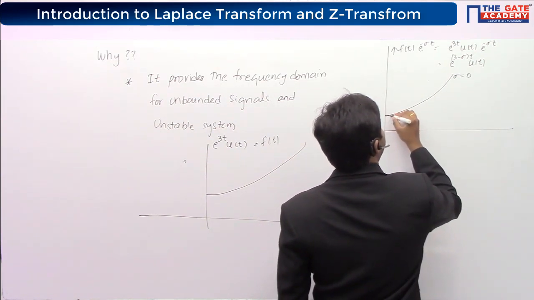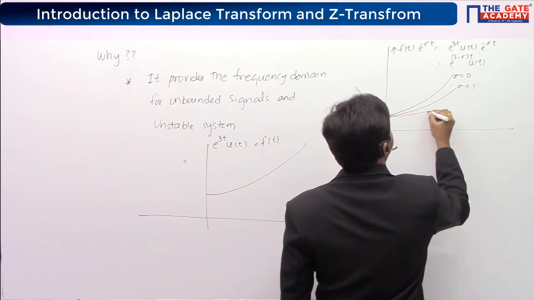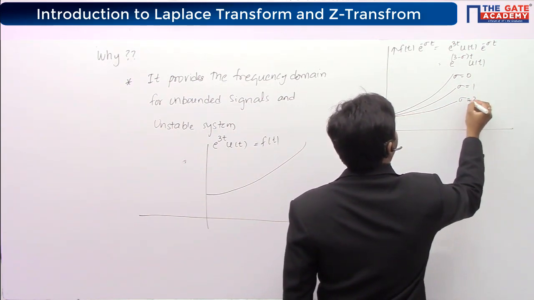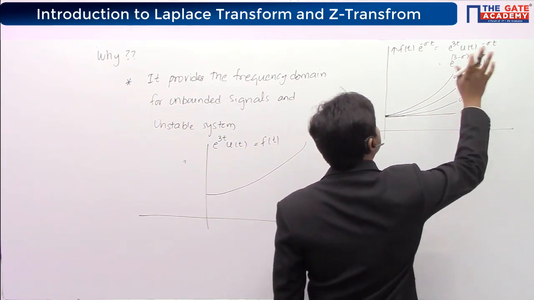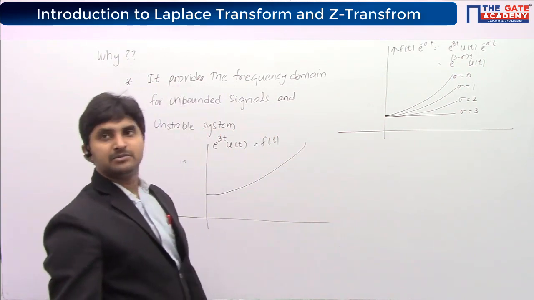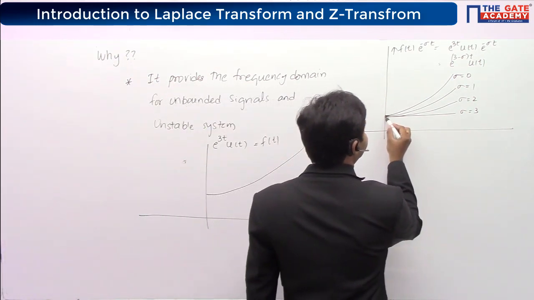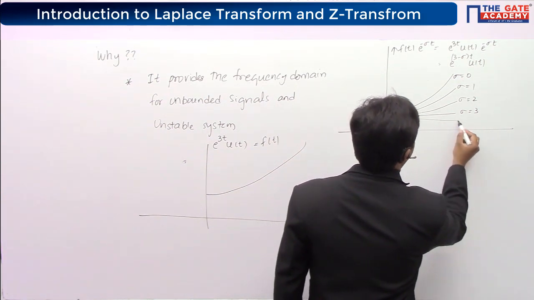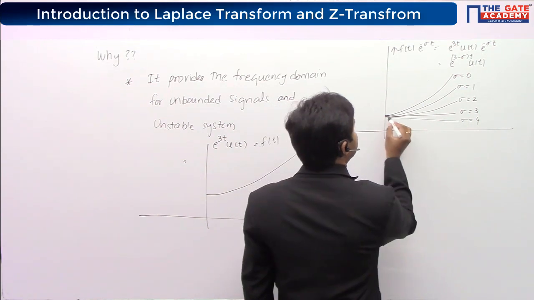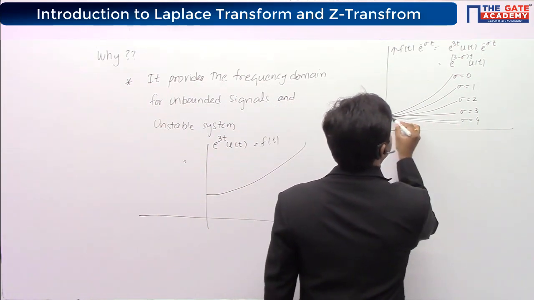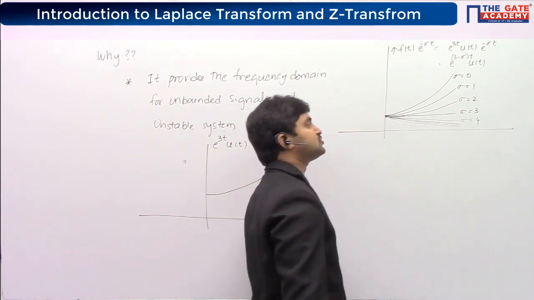Then it becomes e power 2t. Sigma equal to 2, it's e power t. Sigma equal to 3, it becomes u of t directly. If I take sigma equal to 4, it now becomes a decaying function. Sigma equal to 5, 6, 7, 8, and so on.